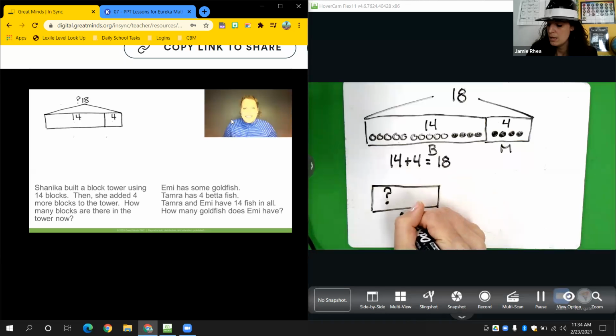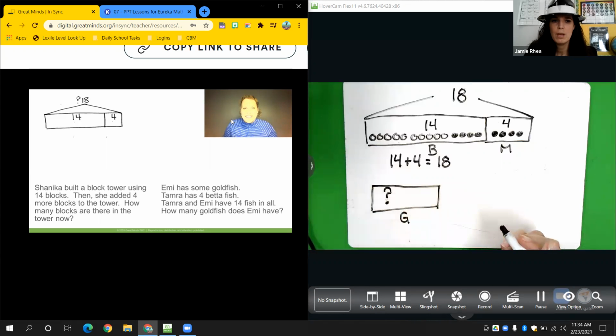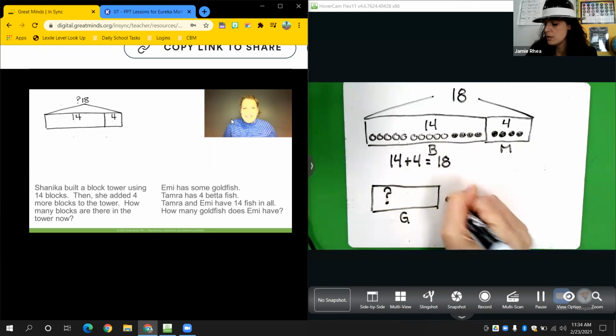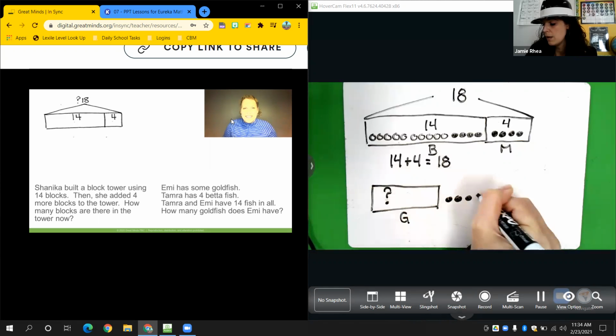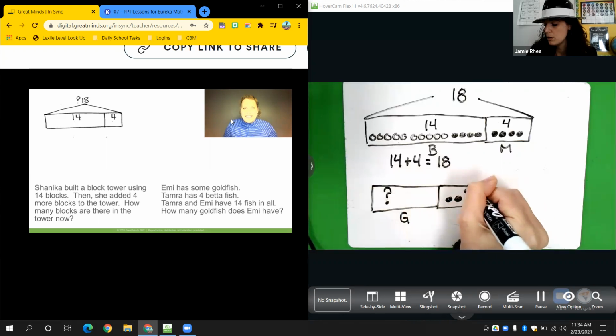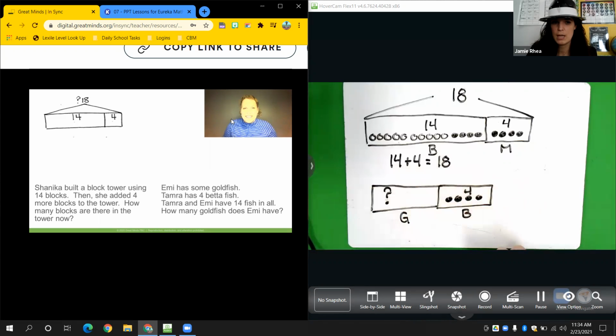And this is going to be Emmy's goldfish. Tamara has 4 betta fish. So let's draw 4. 1, 2, 3, 4. Make my 4. And this is betta fish, okay?